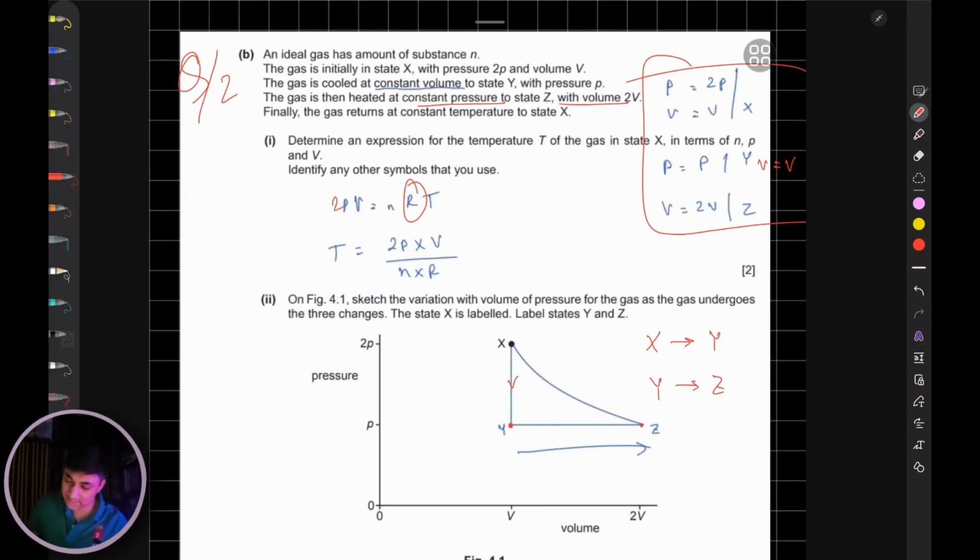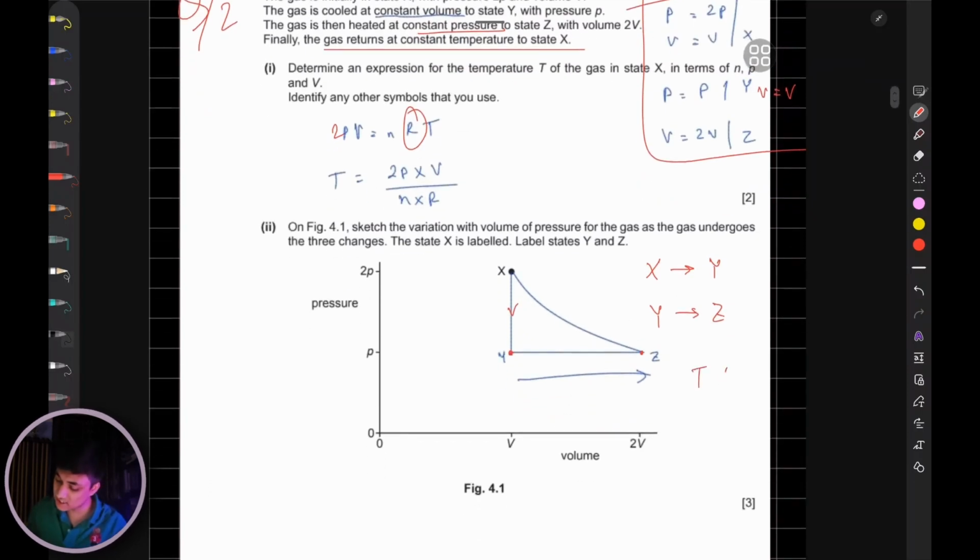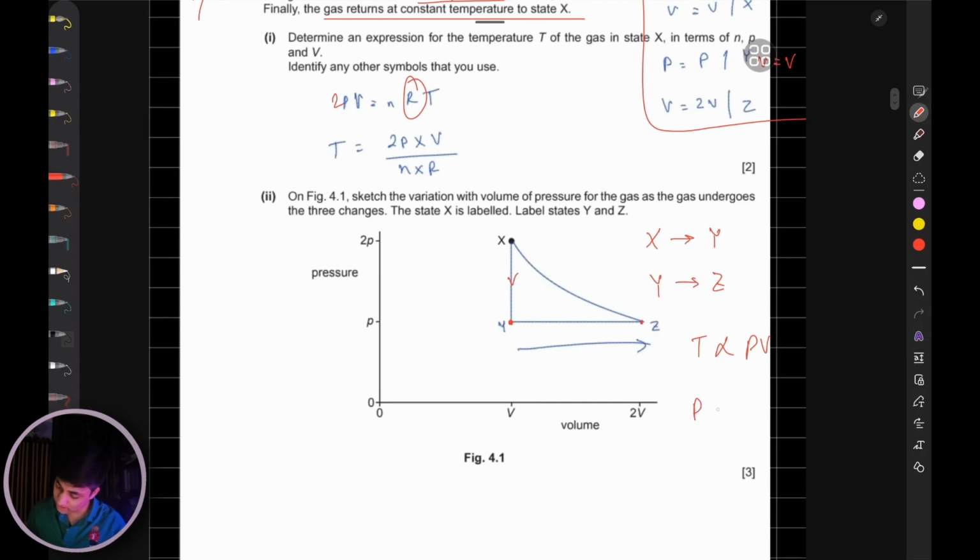Great. Now from Z to X, what's going to happen? At Z, the gas returns at constant temperature to state X. Remember, T is proportional to PV. Now, if you draw a graph, P is proportional to 1 by V. When the temperature is constant, PV is constant.